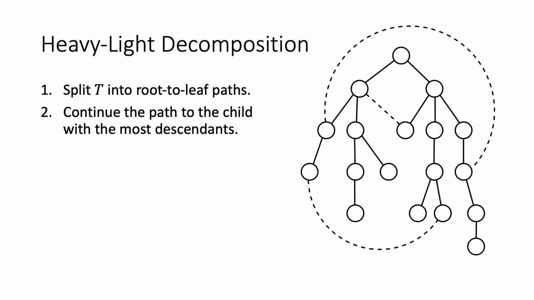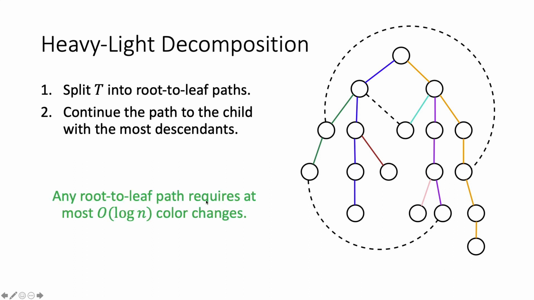What is a heavy-light decomposition? The goal is to split T into some root-to-leaf paths, and we'll continue the path to the child with the most descendants. Intuitively, these paths work out well, and heavy-light decomposition is a good way to break a tree into paths.